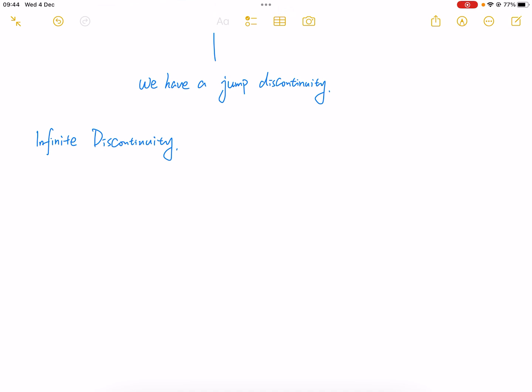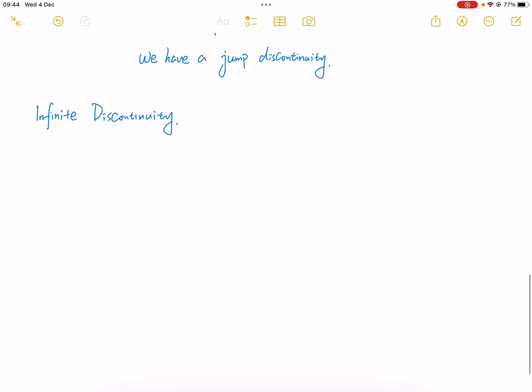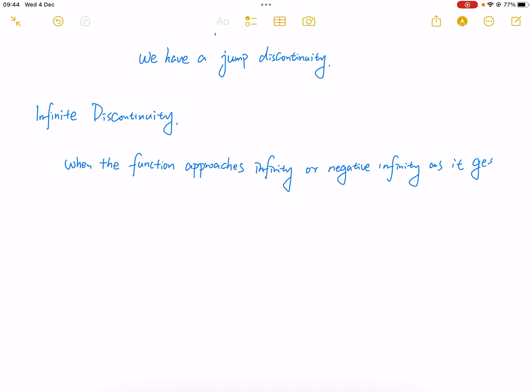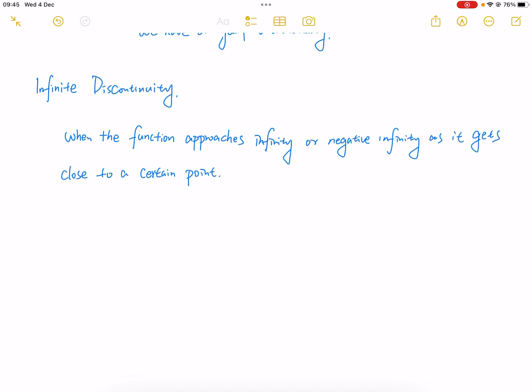This happens when a function approaches infinity or negative infinity as it gets close to a certain point. Essentially, the function blows up or goes to infinity.